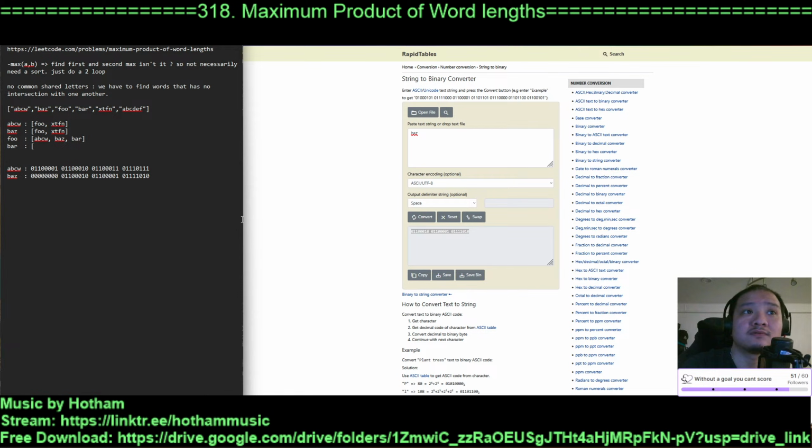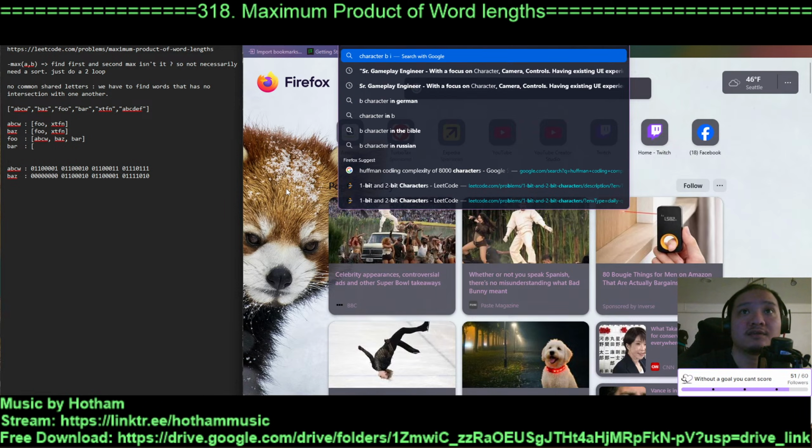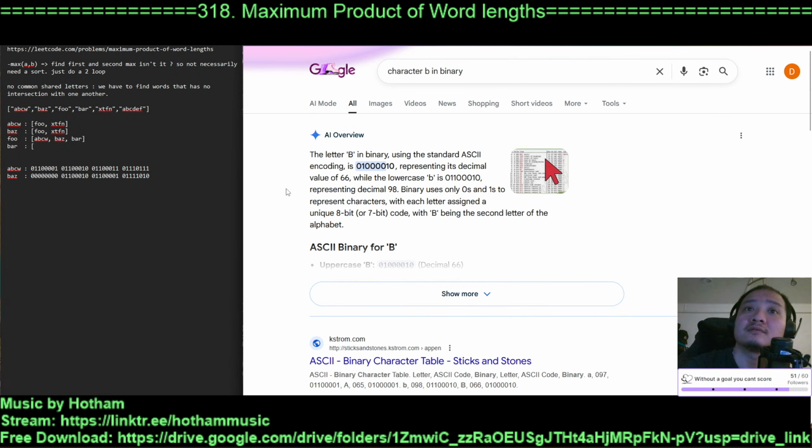Because character B in binary, right? 010, what, 110.